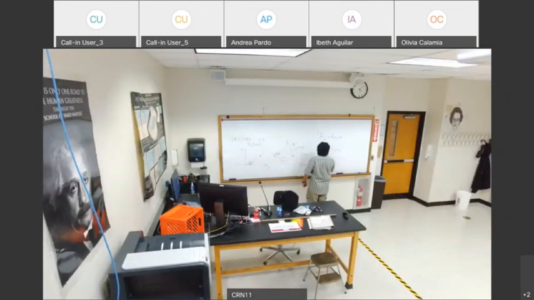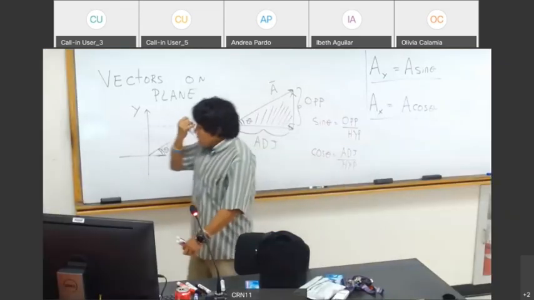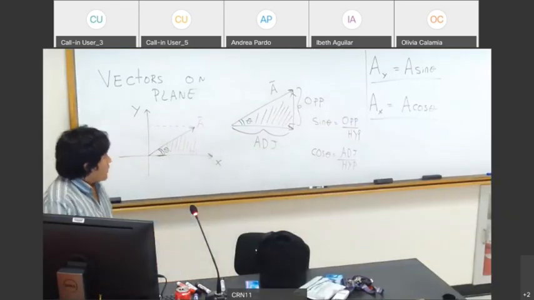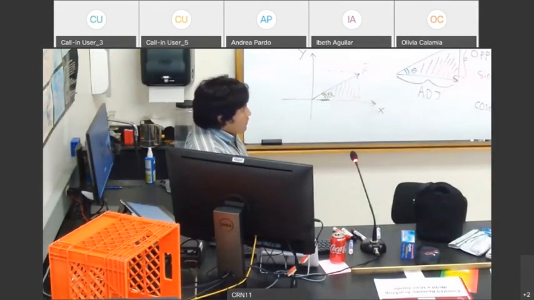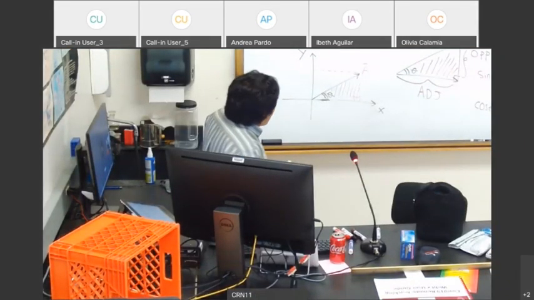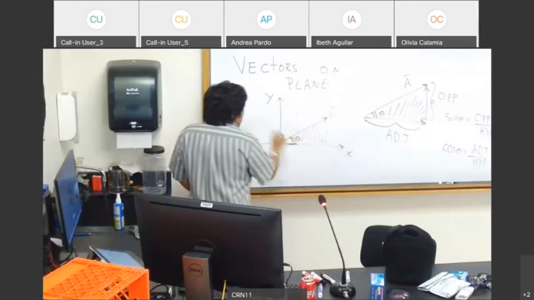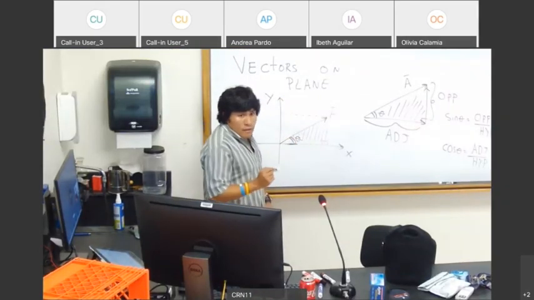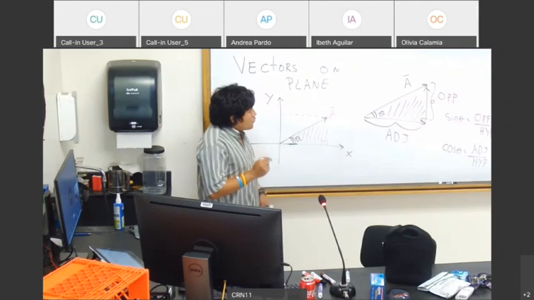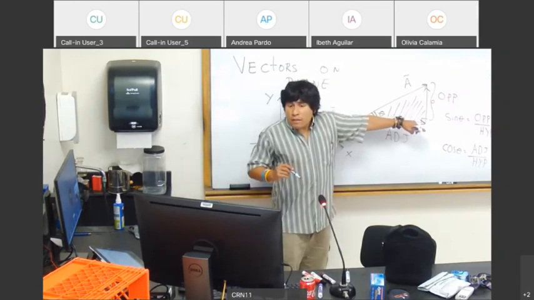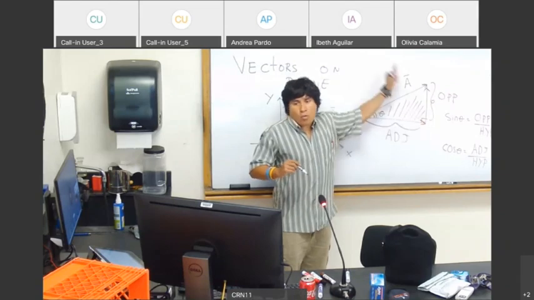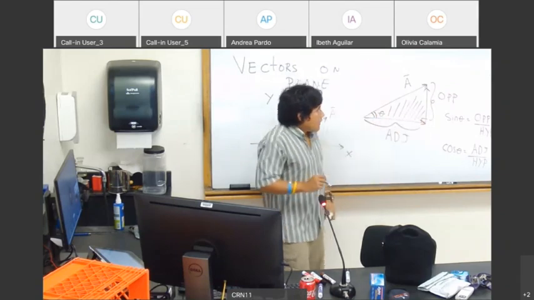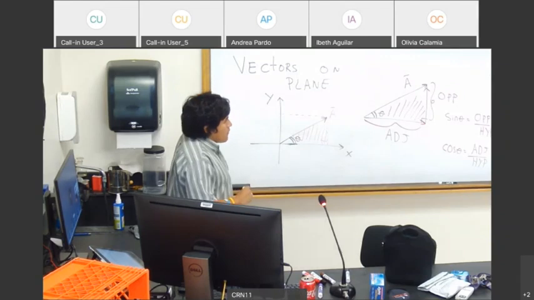That's the only thing that you need to remember. So that's how you break vectors into components. And that works for any vector on the plane. So if you were to have another vector here or here, when we want to add the vectors, you have to always find the components on each of the axes, on X and on Y. So that's important.